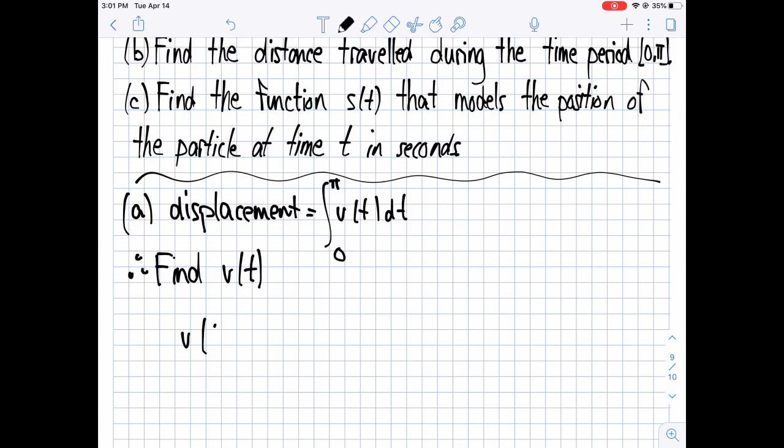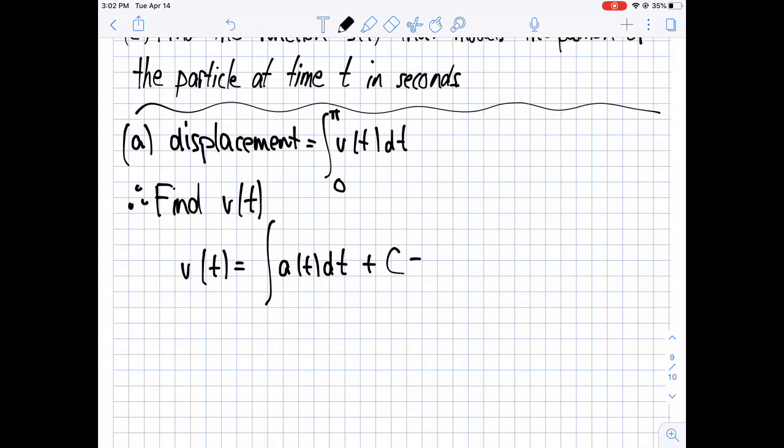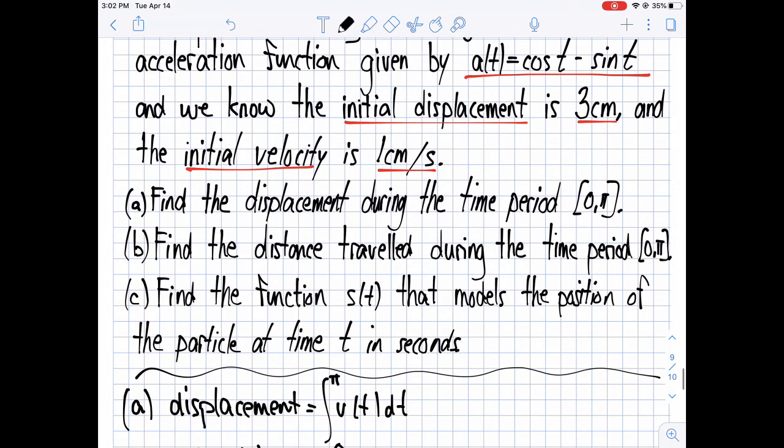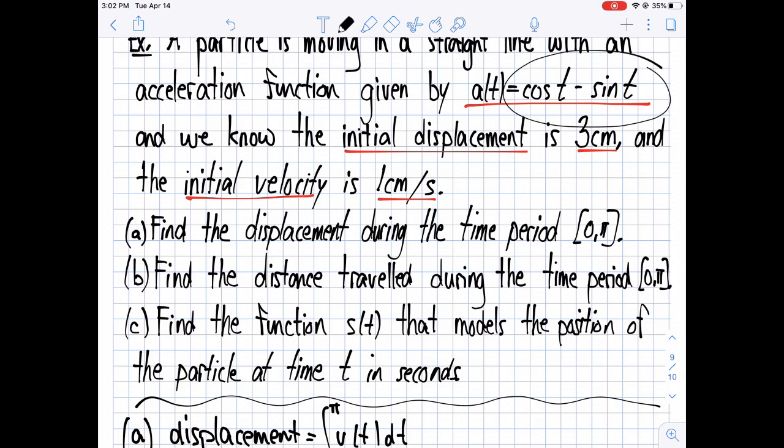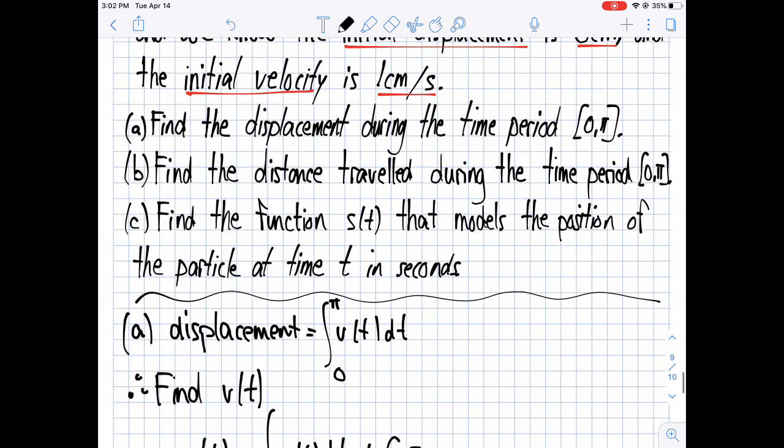We know that the velocity is going to be equal to the integral of acceleration plus c. And we also know that our acceleration function is given by cos of t minus sine of t.